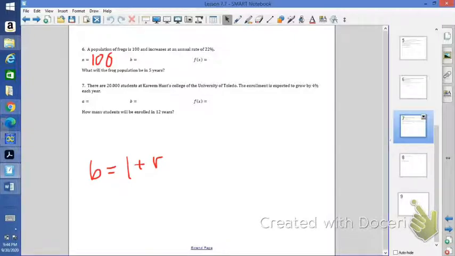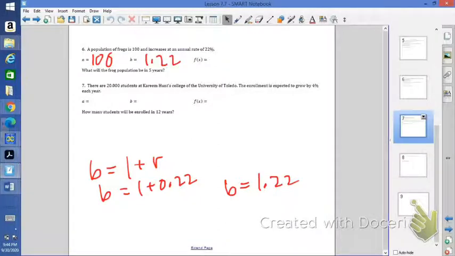We know that our rate is 22%, so b equals 1 plus 22% written as a decimal, which is 0.22. So our b is going to equal 1.22. And so our function is going to be f of x equals 100 times 1.22 raised to the x.